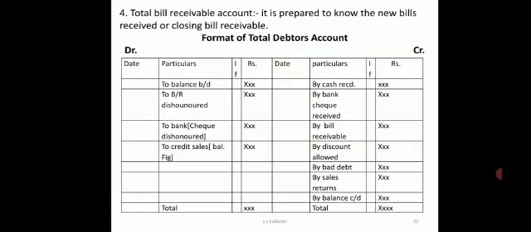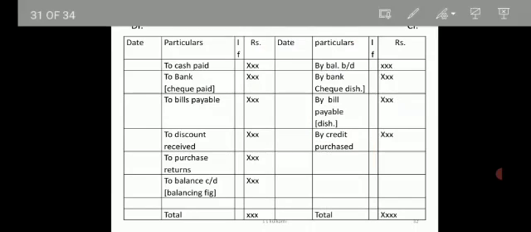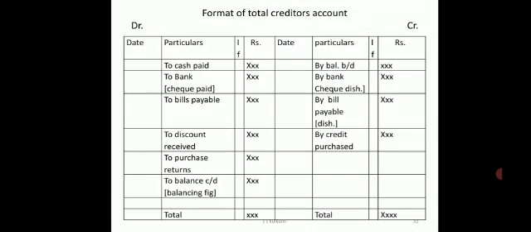Now we'll go for the next account format, that is the total creditors account. Now the total creditors account also has the same format of a ledger account which we have prepared, the debit side and the credit side. So on the debit side I will write all decrease in the amount of creditors, and on the credit side I will write all increase in the amount of creditors.